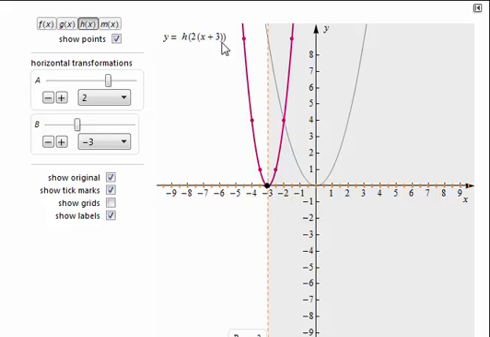Since the function is x squared, it's this whole thing squared. As you can see, it's been shifted to the left 3, and it's been compressed about its axis of symmetry, which now, after the shift, is the line x equals -3. So those are horizontal transformations.